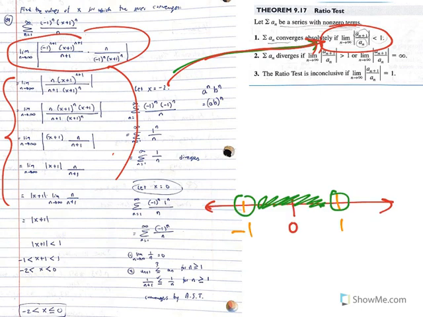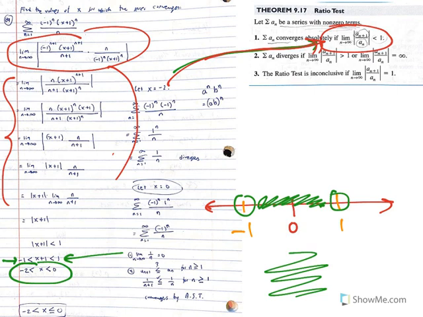We're able to write the absolute value of x plus 1 is less than 1 as the quantity x plus 1 being anywhere between -1 and +1, because absolute value is saying that this quantity x plus 1 is less than 1 unit away from the origin on the number line. So we can represent that with the picture that we see here. Now we can solve for x by subtracting 1 from each part of this compound inequality. And when we do that, we get x is between -2 and 0.